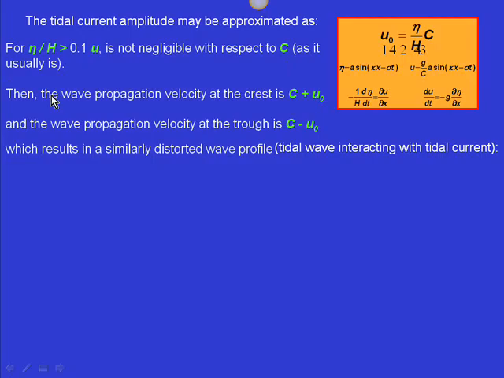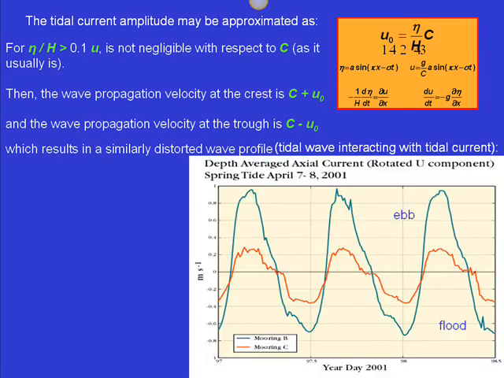So the wave propagation velocity will be distorted, because at the crest it will be the phase speed plus the tidal current, and at the trough, the wave will propagate as C minus the tidal current. So you can start seeing stronger asymmetries. This results in a distorted wave profile, the tidal wave interacting with the tidal current.